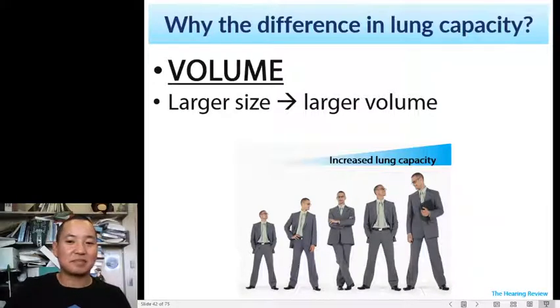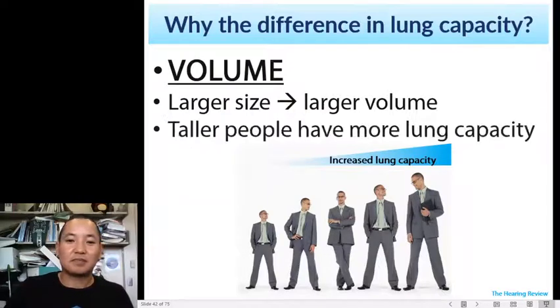So larger size means larger volume overall. So taller people have more lung capacity. So even though I'm a guy, say we have a 6 foot Rainbow Vahine volleyball player, she's going to have a larger lung capacity than I am because I'm only 5'6". But if she's 6 foot tall, just by being taller, she's going to have larger lungs and therefore bigger lung capacity.